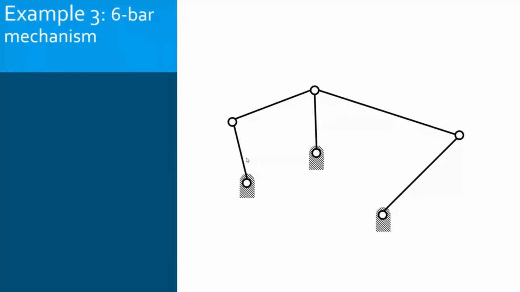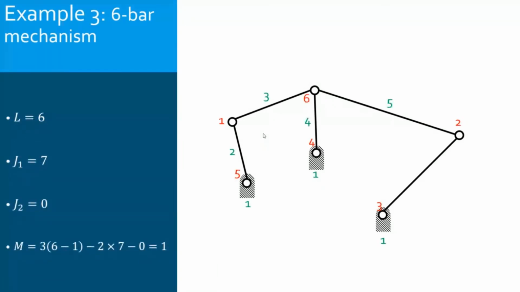Now, let's have this other 6-bar mechanism. So here, I have 5 moving bars, okay? But first, I need to start and count the ground. The ground is here, and as I have said, I'm not drawing the real shape of the ground.